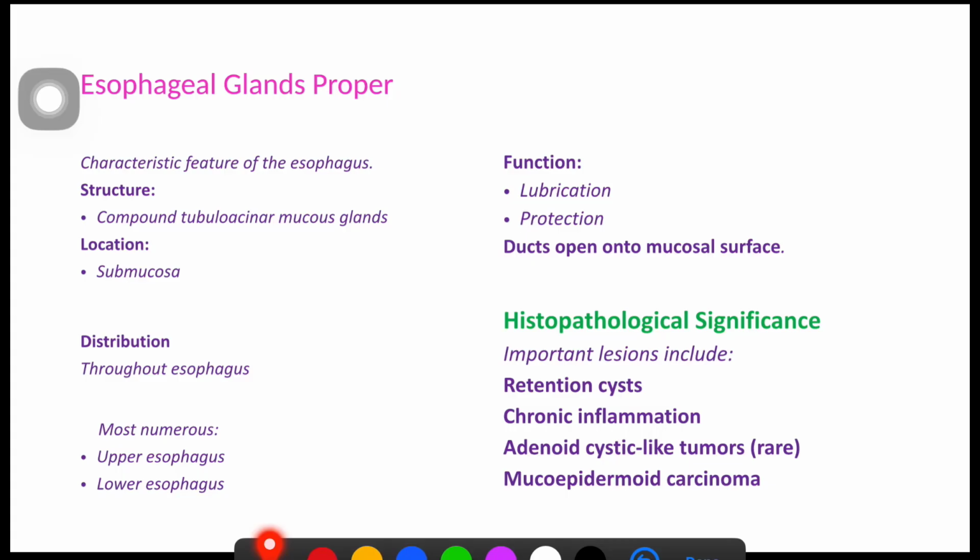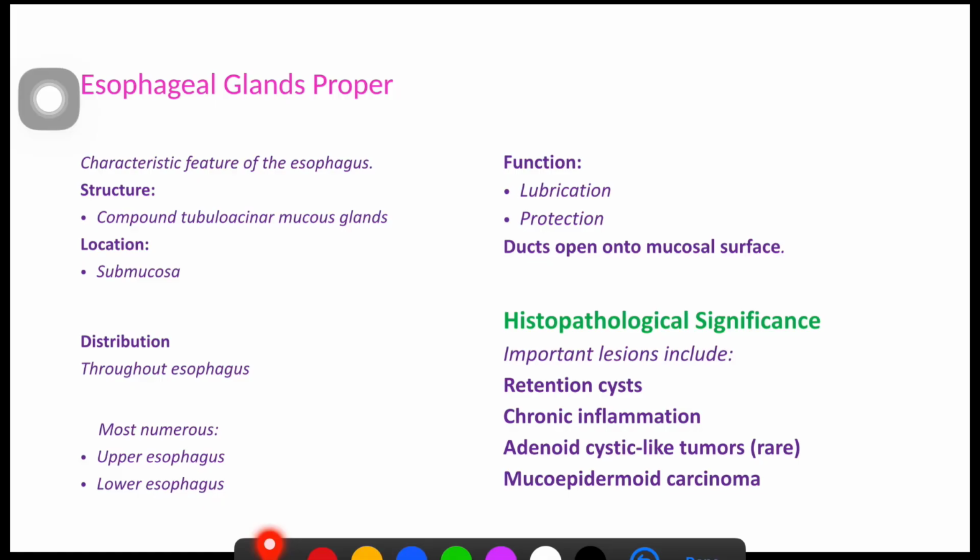It is compound tubuloacinar mucous glands located in submucosa. Distribution is throughout the esophagus, while we have seen cardiac type glands in lamina propria, which are mostly seen in the upper esophagus as well as at the gastroesophageal junction, and are most numerous in upper and lower esophagus.